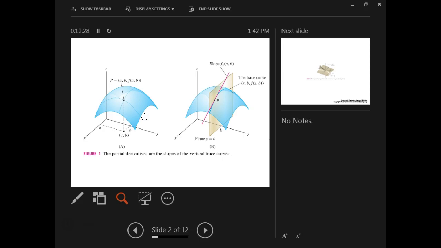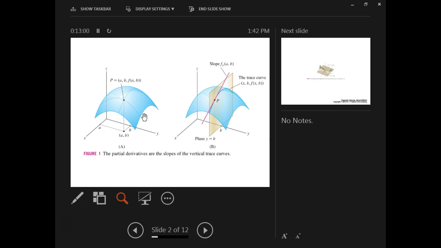F of x, y would be this shape here. For any value x and y that you choose down here, there's one and only one value for z. Any other x, y, they could be the same, different, doesn't matter, but one and only one value for z. So we can call this the point A on x, B on y, and then f of A, B, that's going to be the z value.